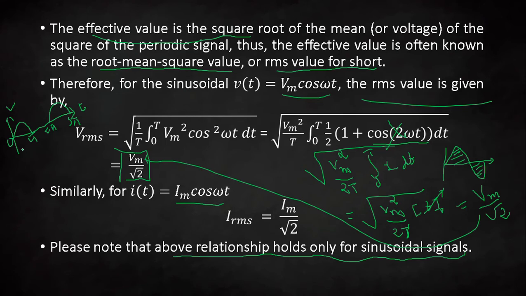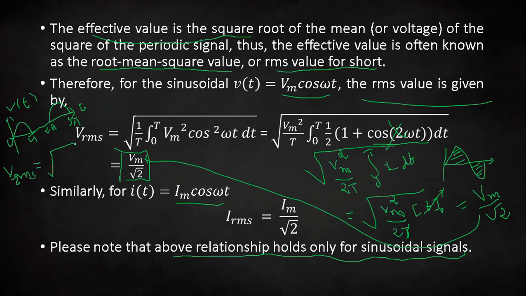Here you can see that the waveform of the input signal, V of t, is not sinusoidal. For half of the cycle the value is positive and for half of the cycle the value is 0, and the same will continue. So for one time period we have to take the integration. So if you want to find the V RMS, what is the definition?